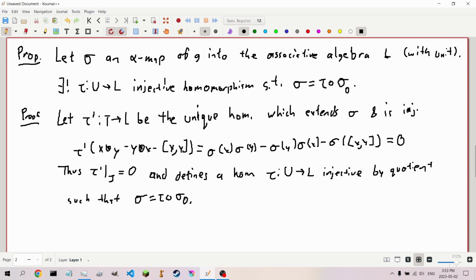And we have that tau is unique by the generators, as we saw before, 1 and the image of what we're writing now as sigma 0 of the group.